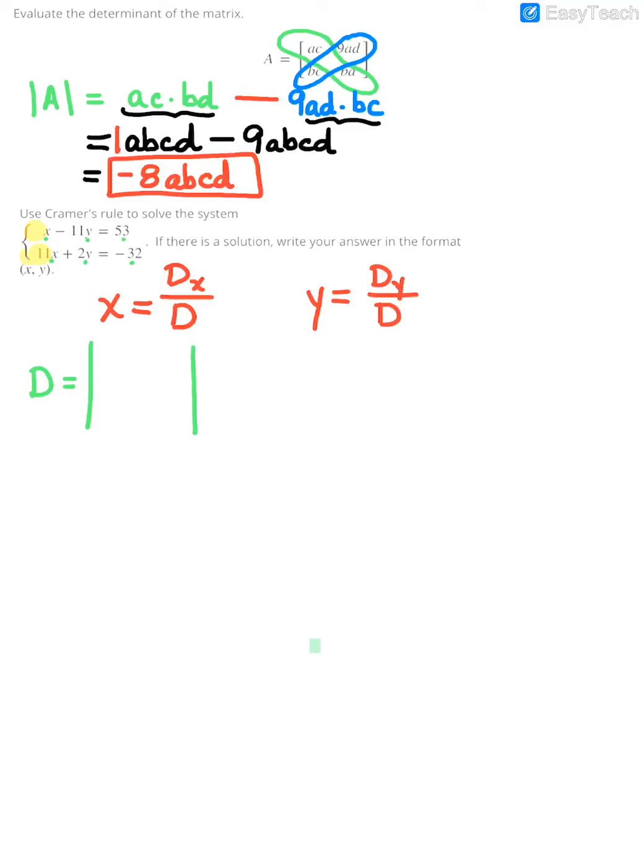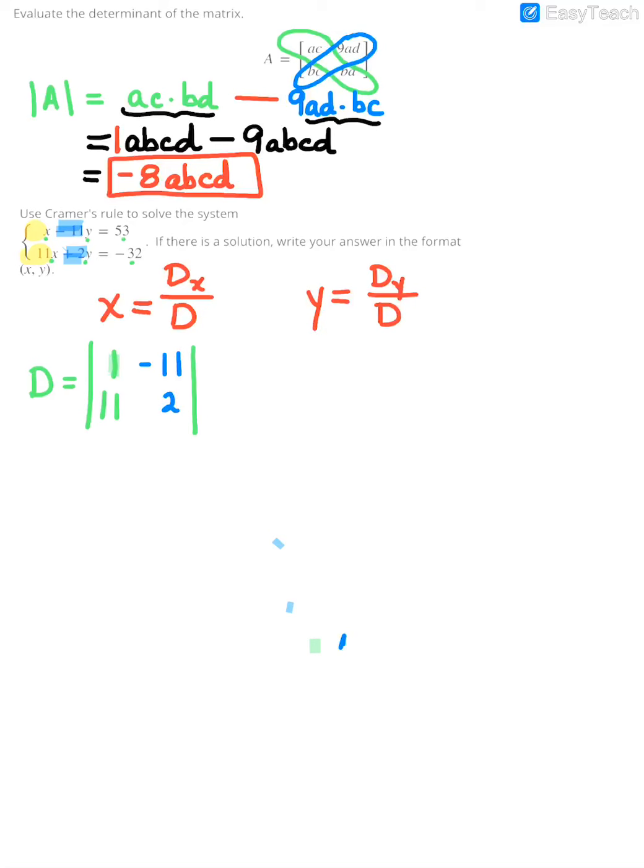So those are going to go in this first column to represent my coefficients of my x term. And then when I look at the coefficients of my y values, I have a negative 11 and a positive 2. So those are the numbers that are going to go in the second column.